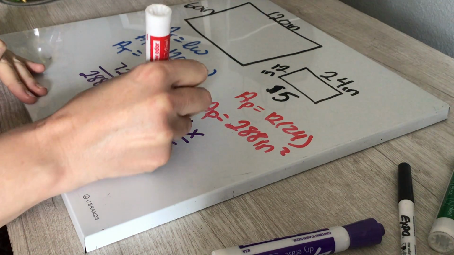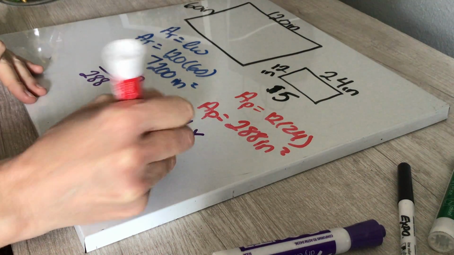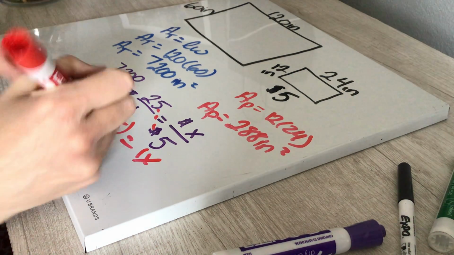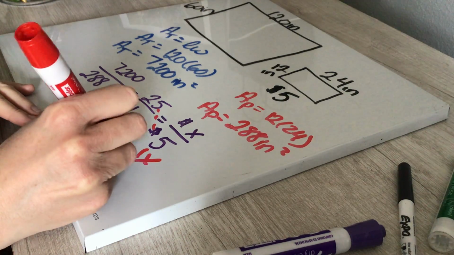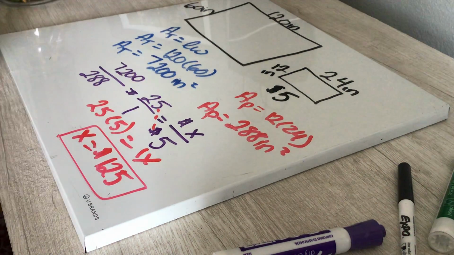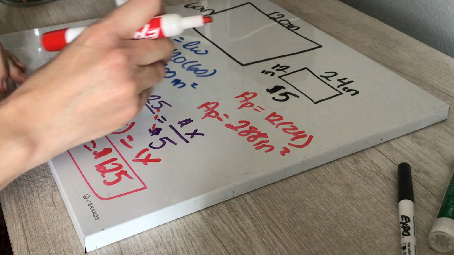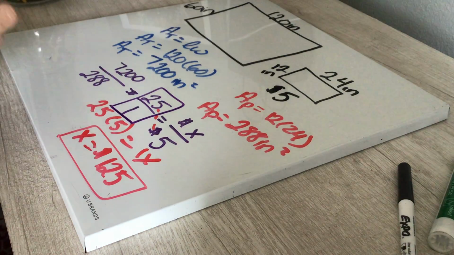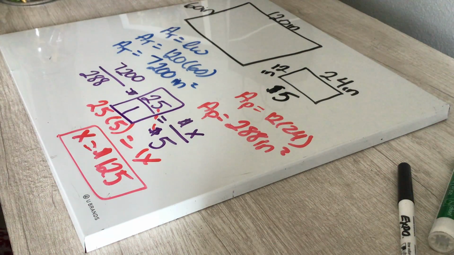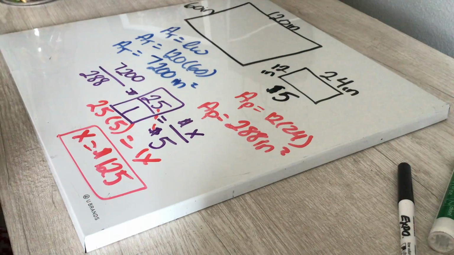Cross multiply, so 25 times 5 equals 1x. 25 times 5 is 125. So a reasonable cost for this tablecloth would be $125. One placemat costs $5, and you can fit 25 of those in here, so it's going to cost us $125 for the tablecloth.